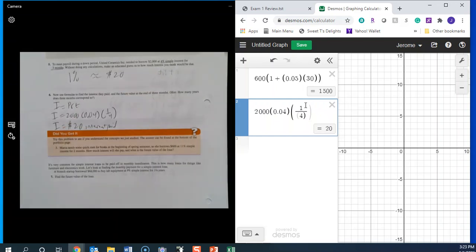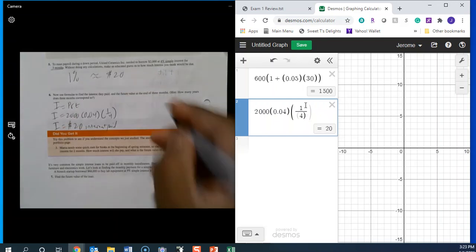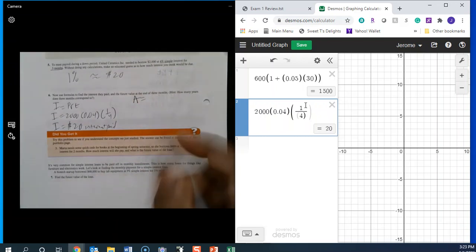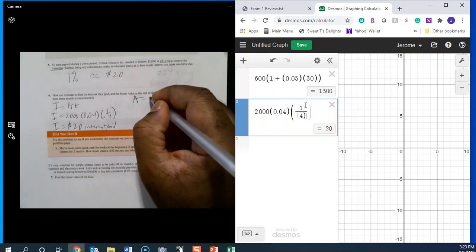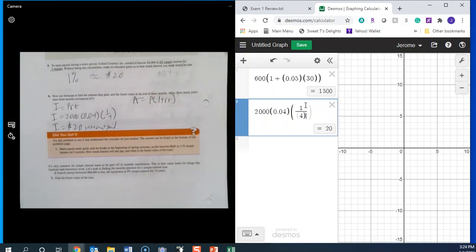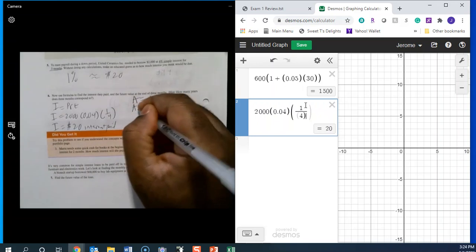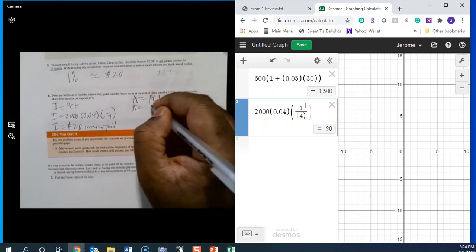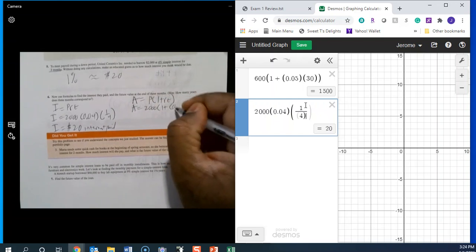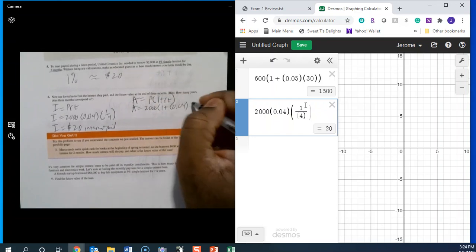All right. So now they want us to find the future value. So we have A is equal to the principal times 1 plus RT. The principal is $2,000. The rate is 0.04, and the time is still 1/4.